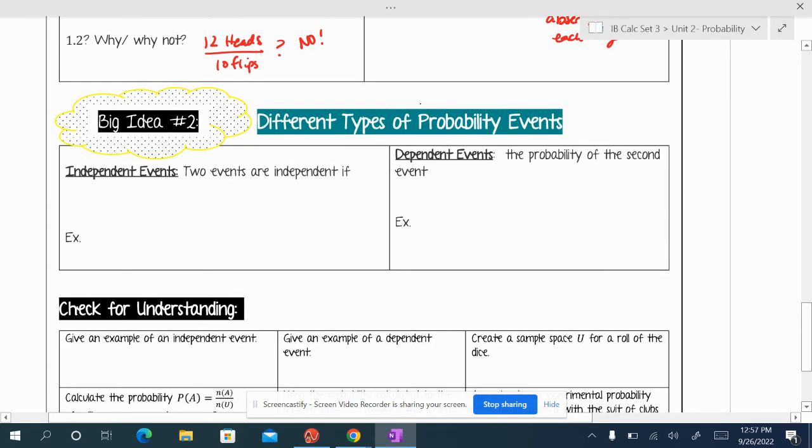All right, different types of probability events. So the big idea here is that there are mainly 2 different types of probability events. You can have independent events. 2 events are independent if the fact that A occurs doesn't affect the probability of B occurring.